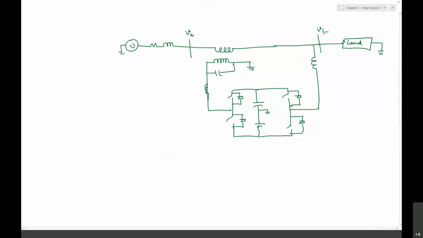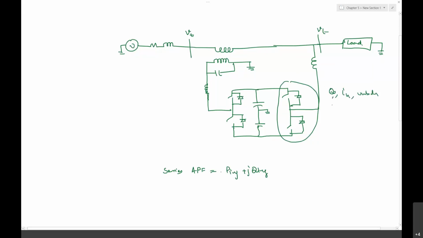I was discussing that when your series active power filter is injecting some amount of real power as well as reactive power, that is fine, but what about the D-STATCOM over here? The D-STATCOM is going to supply only the fundamental reactive power as well as the harmonics and the unbalanced components of the current.